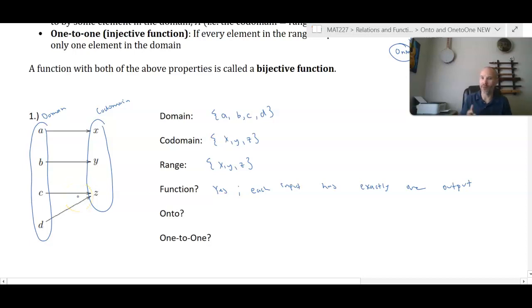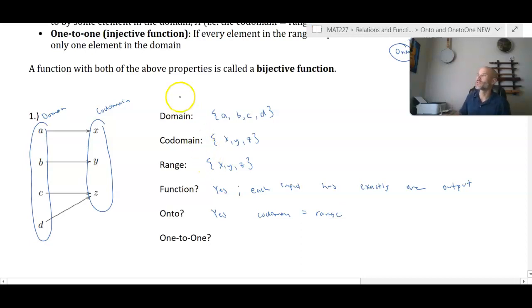Well, that's not a problem as far as a function is concerned, because C, that input, only has one output, namely Z. The input D still only has one output. That value is Z. It just so happens that two inputs lead to the same output. That's not problematic in terms of the function. So yes, we notice that the codomain is the same set as the range.